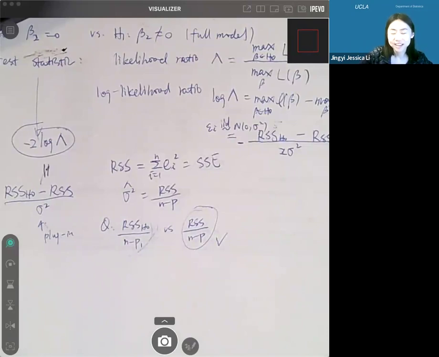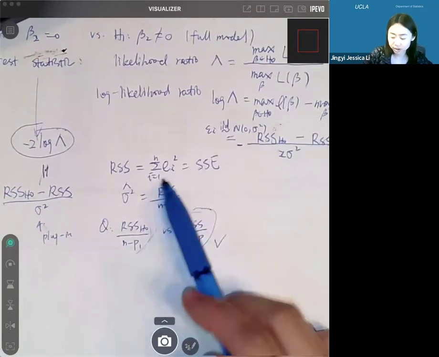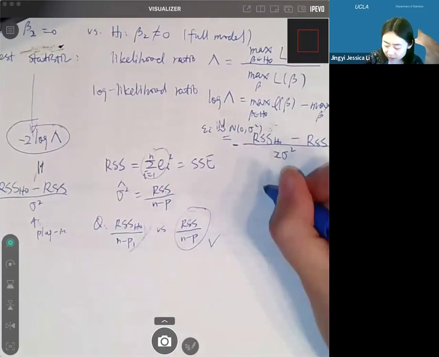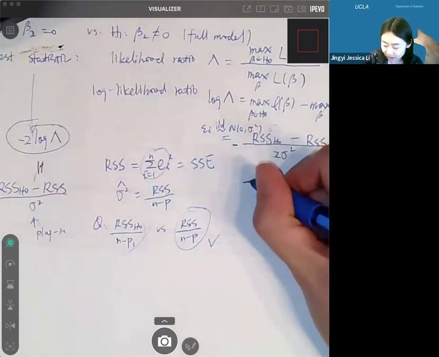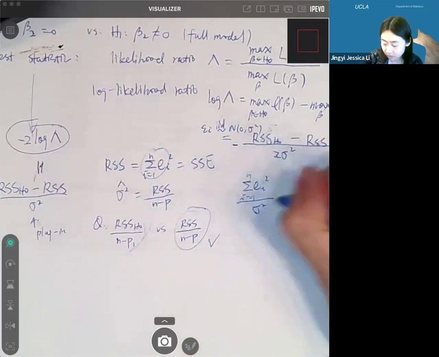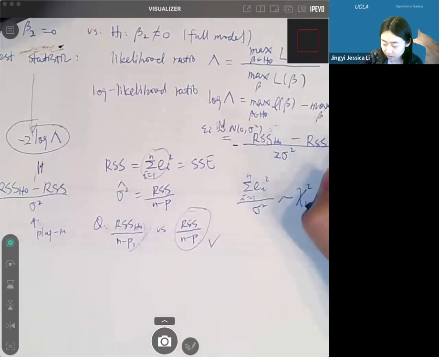That's the problem. So honestly, we have this nice result for chi-square distribution, this one divided by sigma squared, again, right? This one divided by, just to write it again, n minus p.